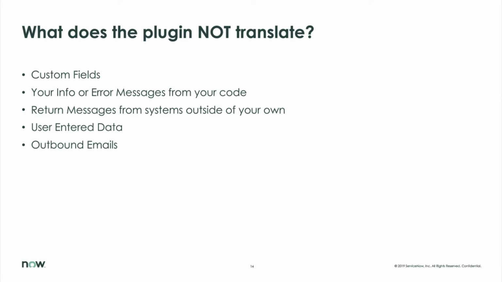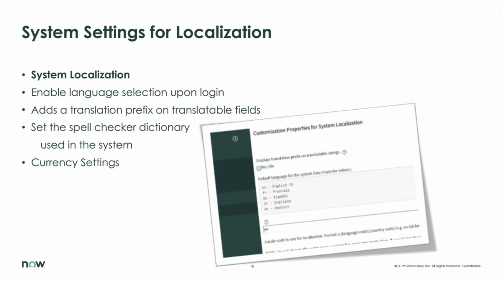If you tried, you could be introducing a lot of chaos into your system, and you don't want that. It also doesn't do outbound emails, but you can customize that on your own to make that work. But anyway, those are the things that it doesn't translate, and rightfully so, because, like I said, you don't want to introduce all that chaos into your system.